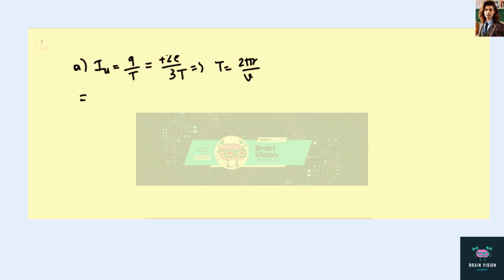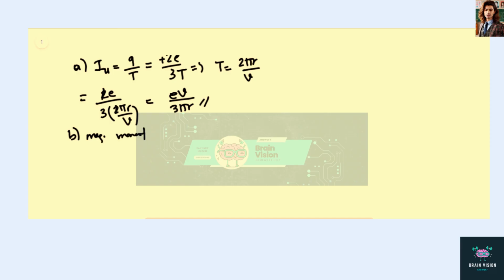Plugging it in here, 2e over 3 times 2 pi r over v. Then we have 2's canceling, so ev over 3 pi r is the current of an up quark.